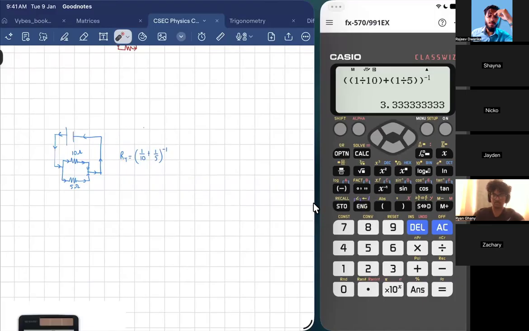Alright, here's what: Nikolai and Jaden, send me a picture of your calculator and what you plug in, and I will help you accordingly.